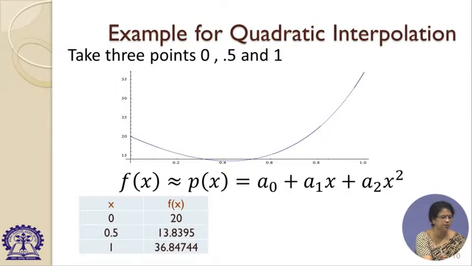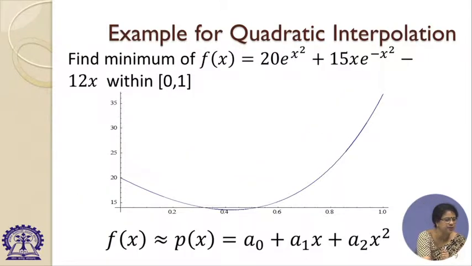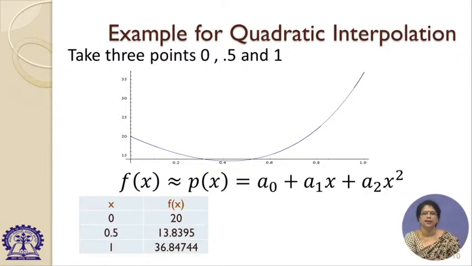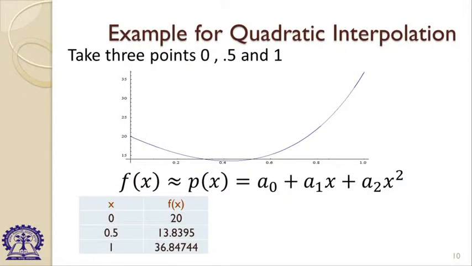Just by considering 3 points, 0 to 1 is the initial interval of uncertainty. That is why if we consider 0, 1 and 0.5, then you see the functional values there. If this is so, we will get 3 equations with 3 unknowns. What are the 3 equations and 3 unknowns?